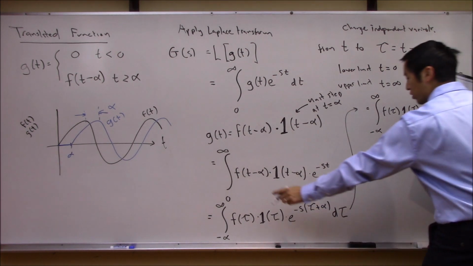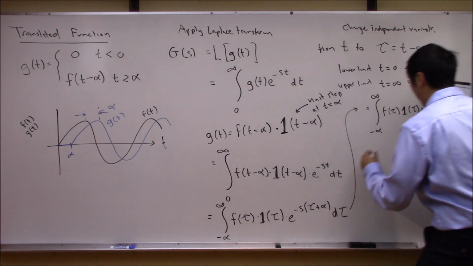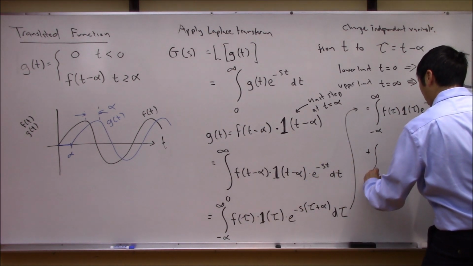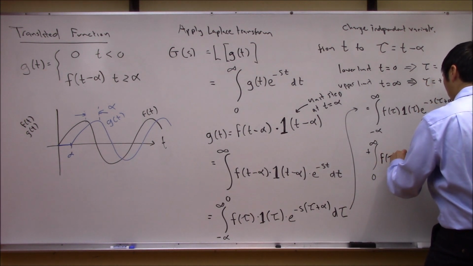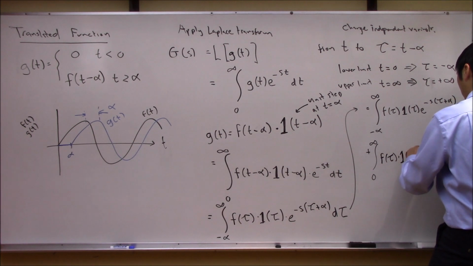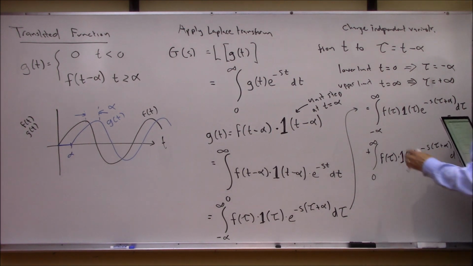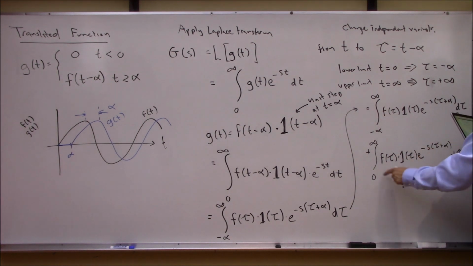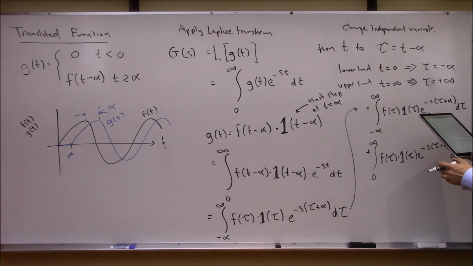That's the first region, from minus alpha to 0. Now I add the integral from 0 to positive infinity of f of tau times unit step of tau, e to the minus s times tau plus alpha, d tau. Sorry, I ran out of room. It's this term plus this term, the exact same thing as before. We just broke up the integral into two different sections.